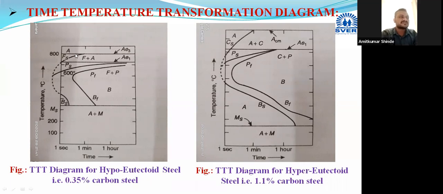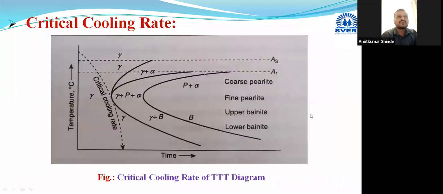This is the difference between these two TTT diagrams for two different types of steels, hypoeutectoid steel and hypereutectoid steel. Now we will move towards the next topic, that is the critical cooling rate.